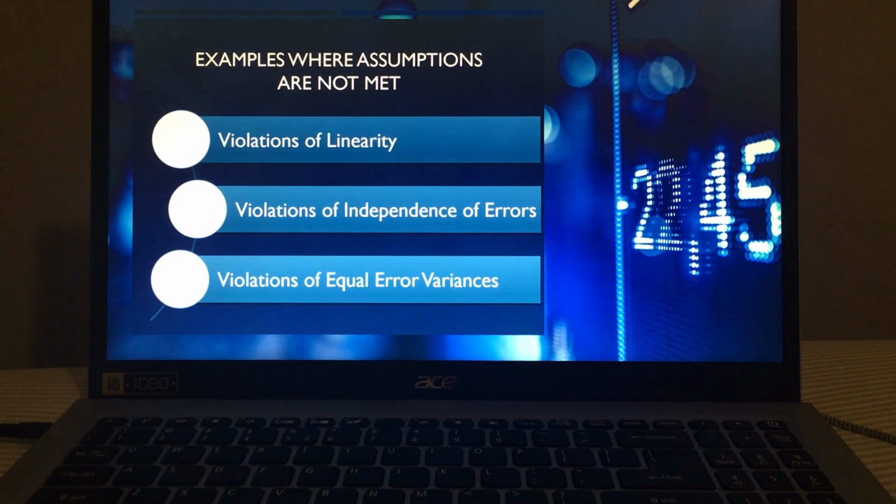For an example of when this assumption would not be met, we're going to look at the data in figure 11.12. They're saying that this plot has what they call a funnel shape.